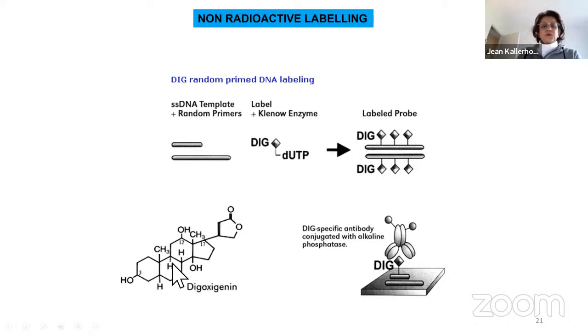And this is called digoxygenin. So digoxygenin can bind to a deoxynucleotide sequence, right? And it will be exactly the same thing as what we saw in the preceding slide.